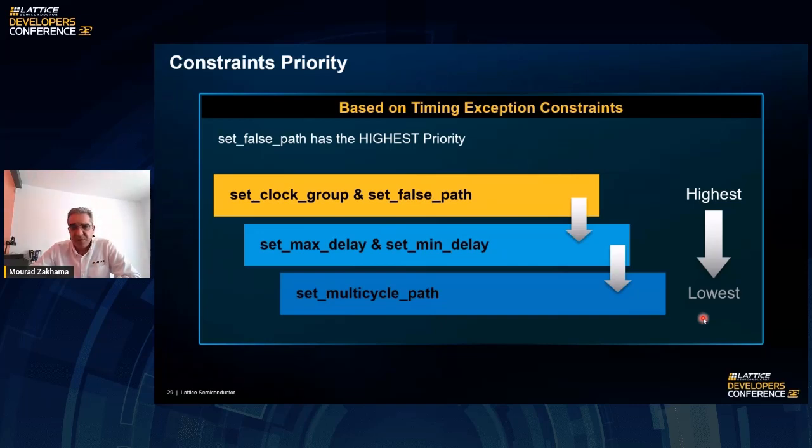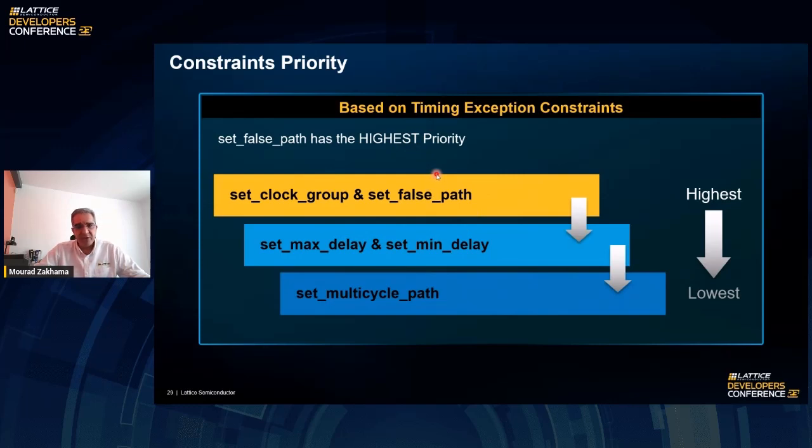The paths will not be analyzed, and they will not be optimized for the related timing constraints associated with them, because they are false paths. The second priority is set_max_delay and set_min_delay, and the third priority is set_multicycle_path, and that's the lowest priority.